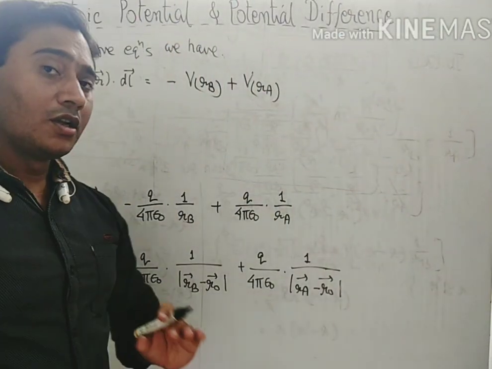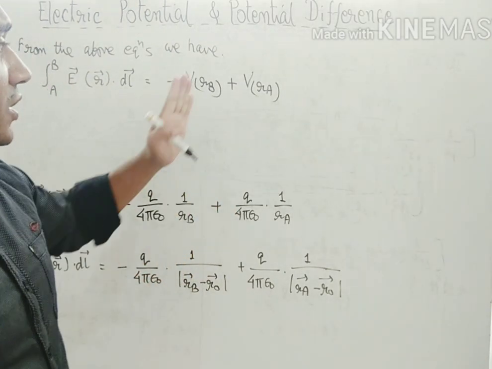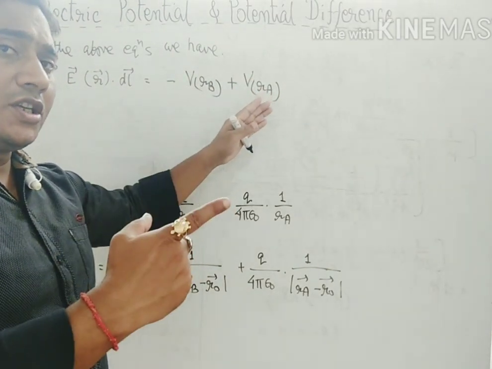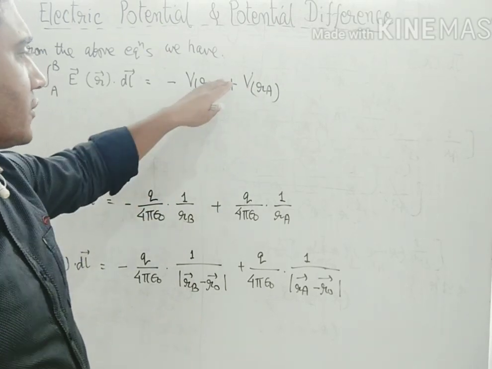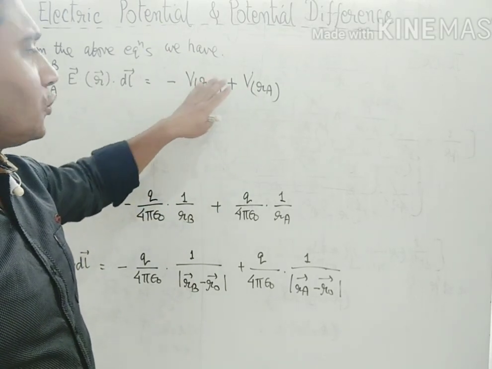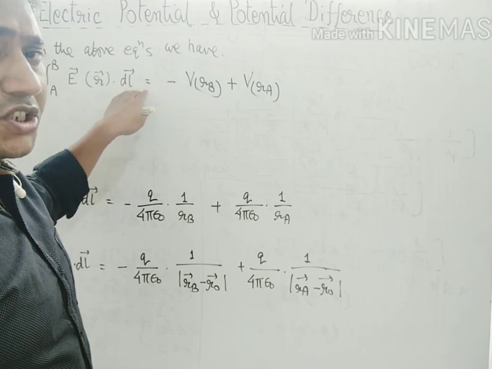Now see, as I said, if we take point A to be at infinity, where the potential is supposed to be 0, we modify this equation.